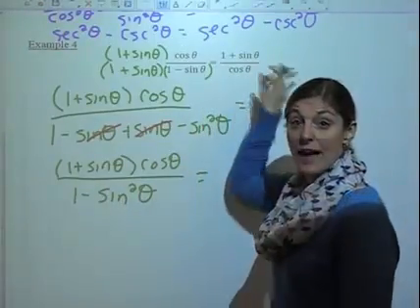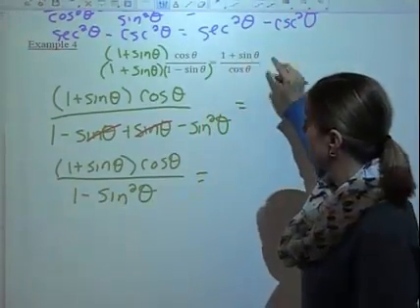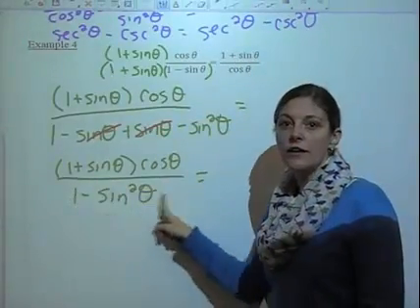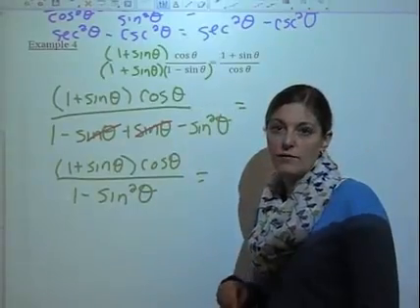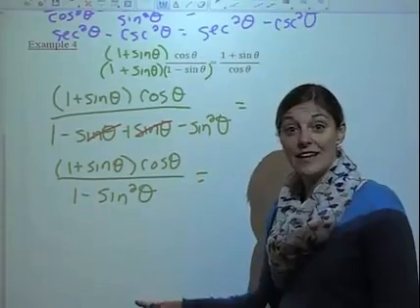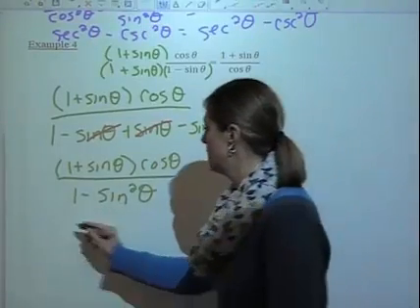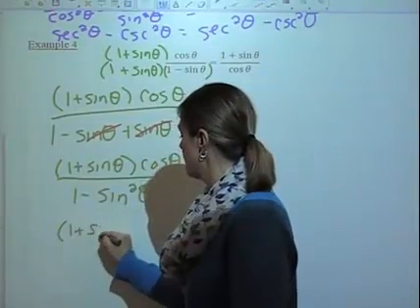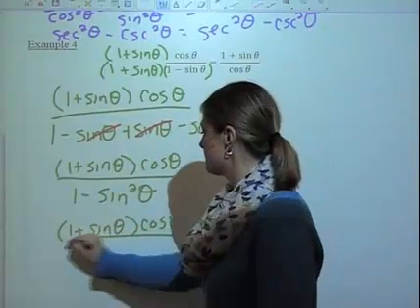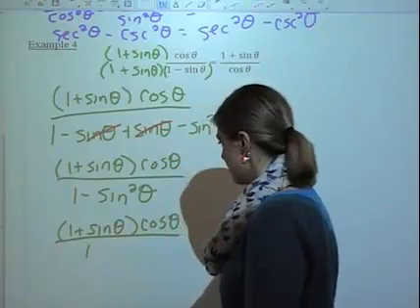All right, now let's look back at our original problem. We have 1 plus sine here. So let's see what we can do here to maybe get that to be cosine. Well, think about your Pythagorean identities. 1 minus sine squared theta, that's cosine squared theta. Oops.